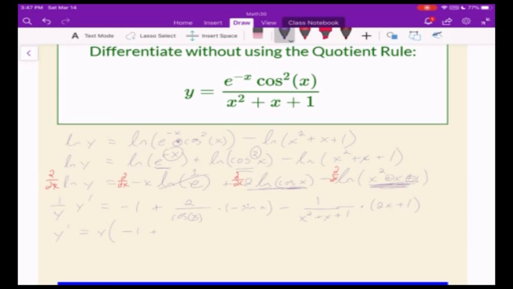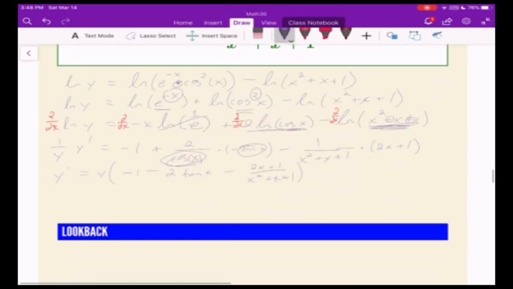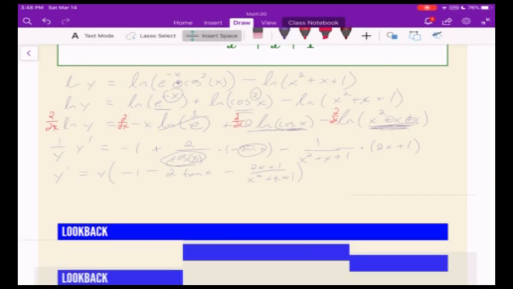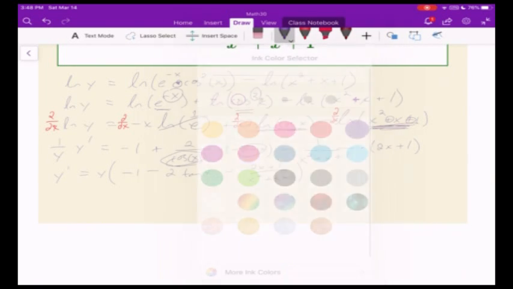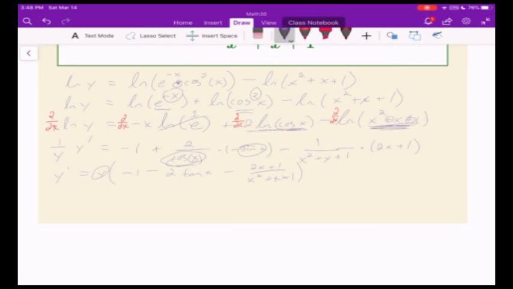All right, and so if you were to clean this up, you want to take y prime, multiply the y over, y times negative 1 plus, and I'm going to call this sine over cosine, so tangent, minus 2 tangent x minus 2x plus 1 over x squared plus x plus 1.